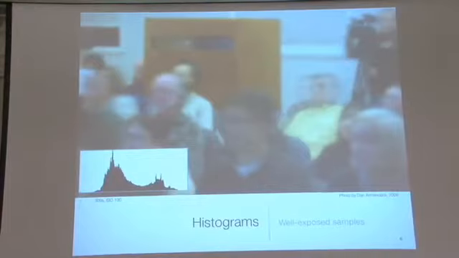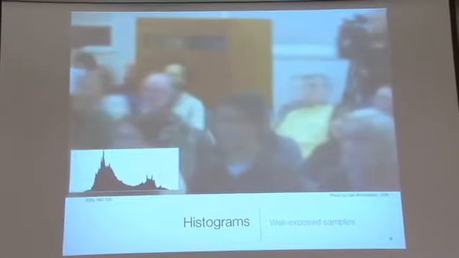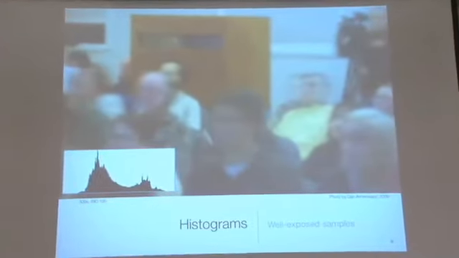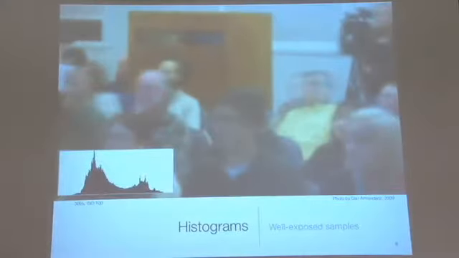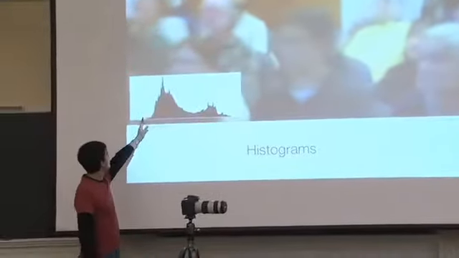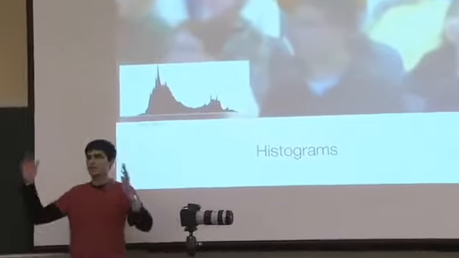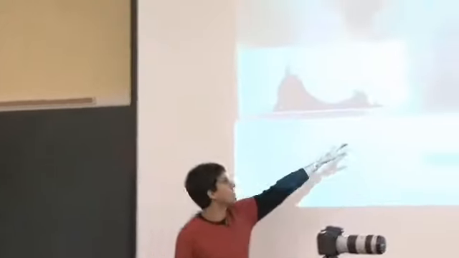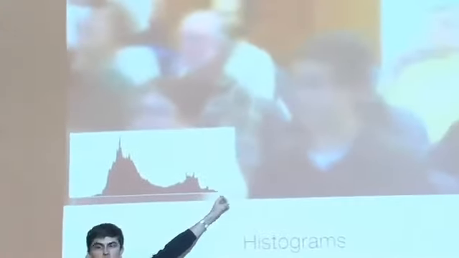Now, what I'm trying to show you here are some well-exposed examples of what a histogram would look like, but you will see that there's not one sort of formula that a histogram follows in order to be correct. So this one's very easy. All of the tones fit within the dynamic range of the camera. There's nothing that's brighter than the brightest white that the camera is capable of taking. There's nothing darker than the deepest black.